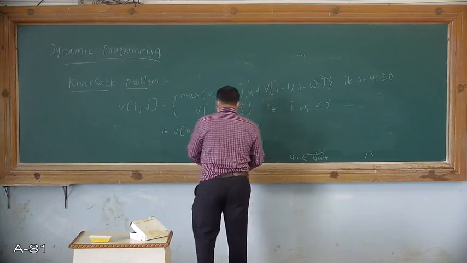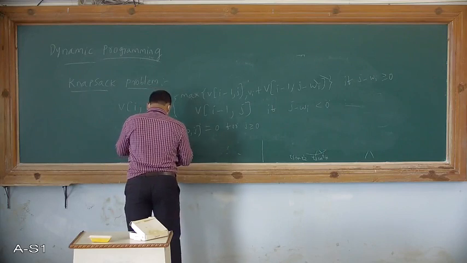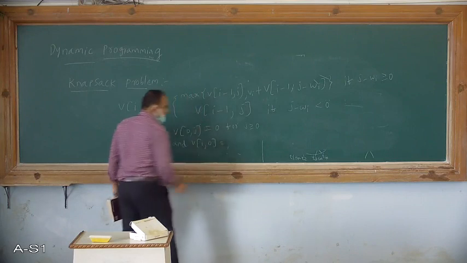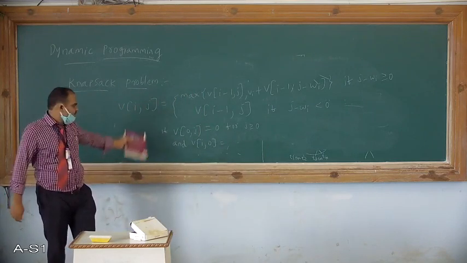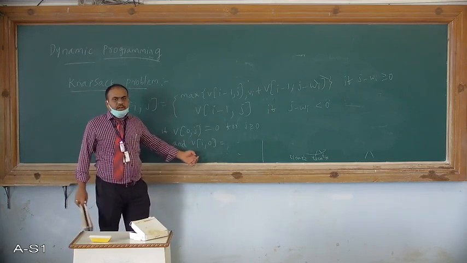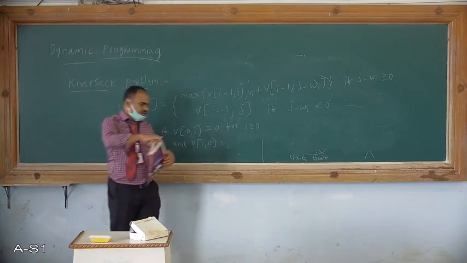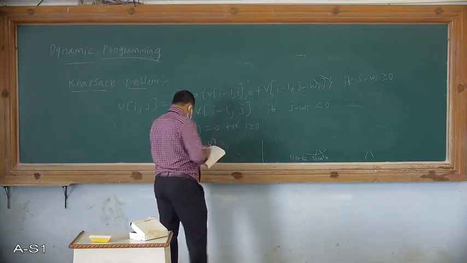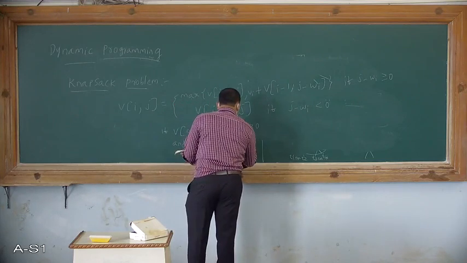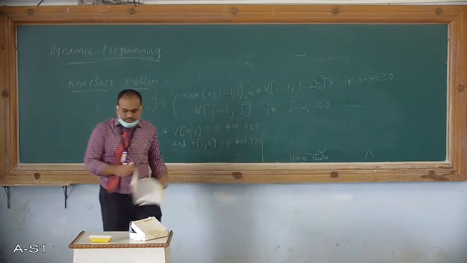This is the condition. And one more condition is also there, V of i comma 0. It means that whenever the value of j is 0, whatever the i values may be, 1, 2 or whatever, we will substitute this as 0, again for i greater than or equal to 0. So this is the formula again.